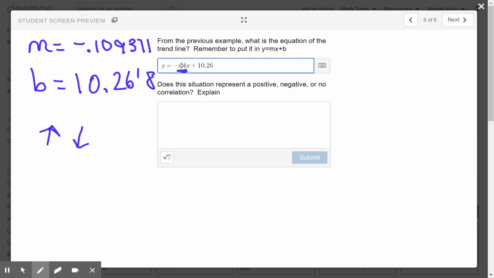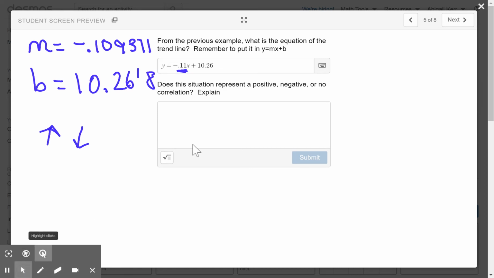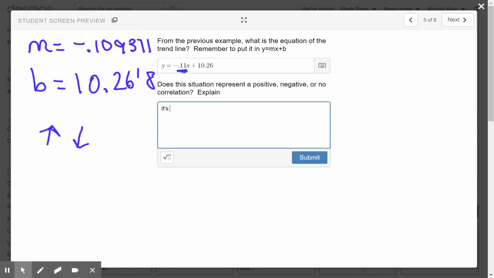So since it's a negative slope and we have one piece of data increasing and one decreasing, it's going to be a negative correlation. As the internet speed is increasing and the time to download is decreasing.